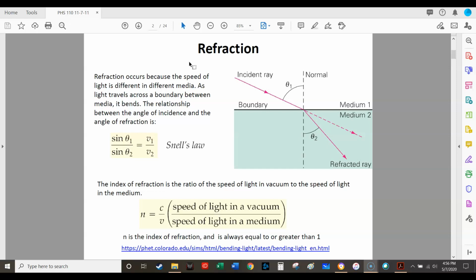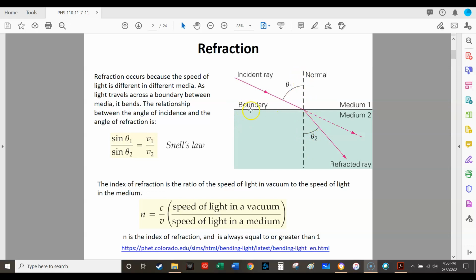What's happening is the incident light ray in air, the less dense medium, is traveling fast, and then at the interface or the boundary between the air and water, the light ray has to slow down, and when it slows down, it begins to bend. It bends towards the normal line.